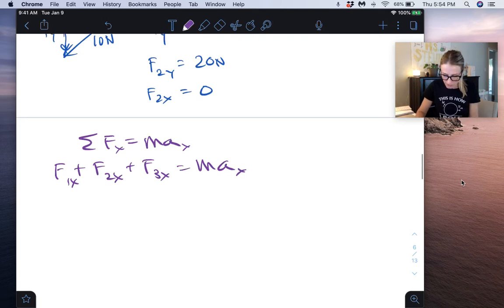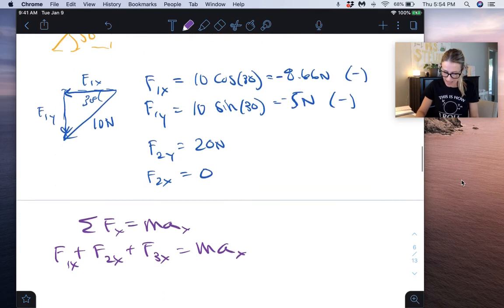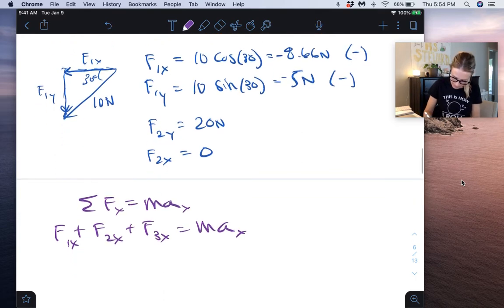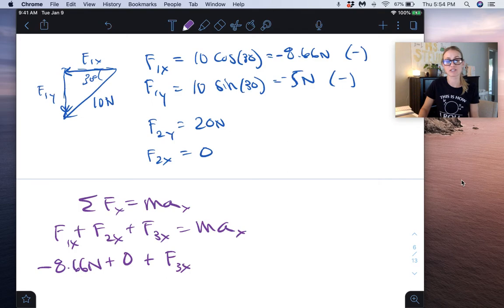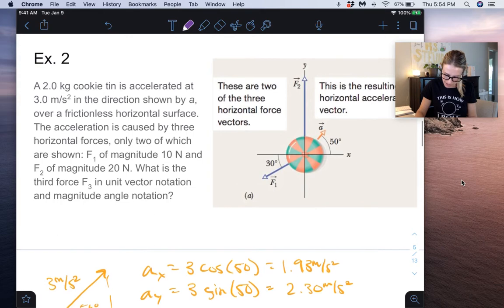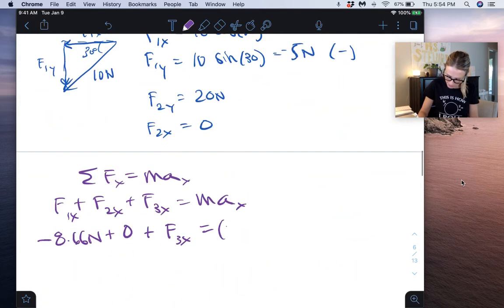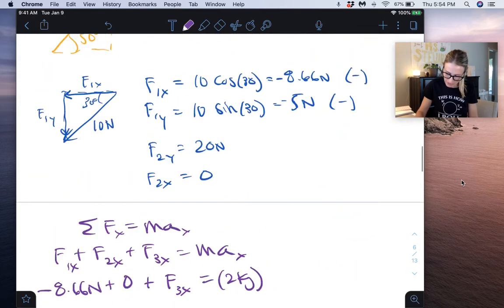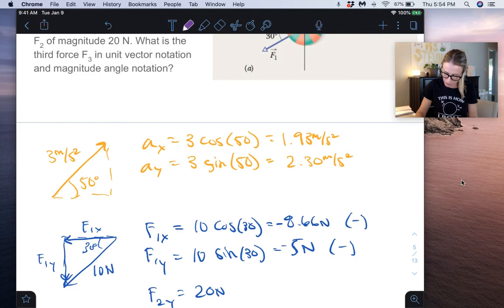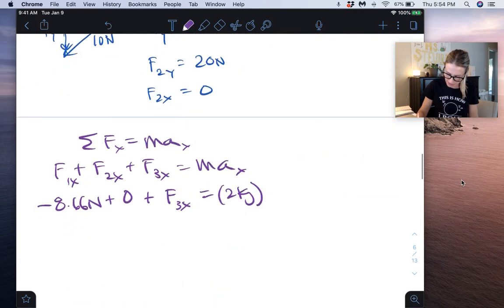So force 1 in the x direction was negative 8.66, plus force 2 in the x direction was 0, plus force 3 in the x direction, which is what we're solving for, equals the mass of the object, 2 kilograms, times the acceleration in the x direction, 1.93 meters per second squared.